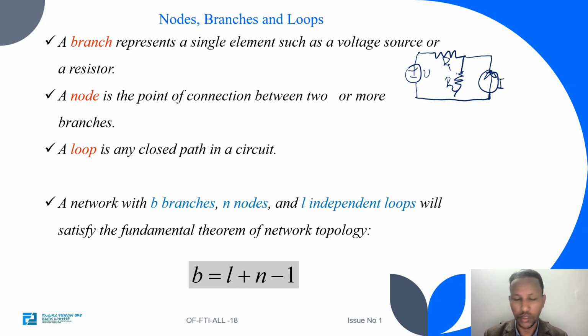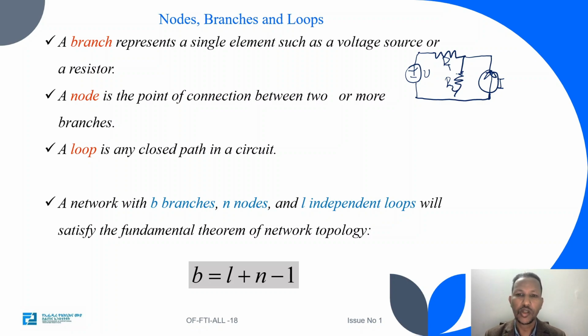The resistor R1 represents one branch, the voltage source represents another branch, the resistor R2 represents another branch, and the current source also represents another branch. So this sample circuit consists of 4 branches.